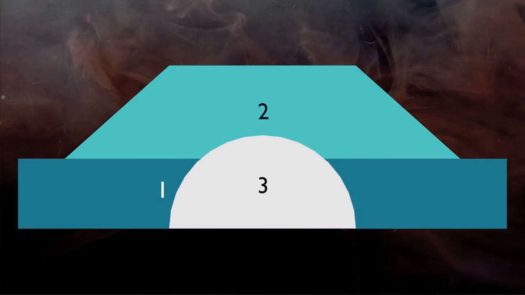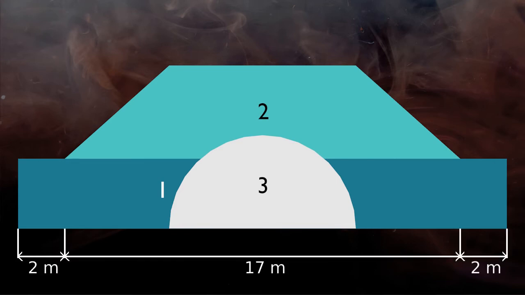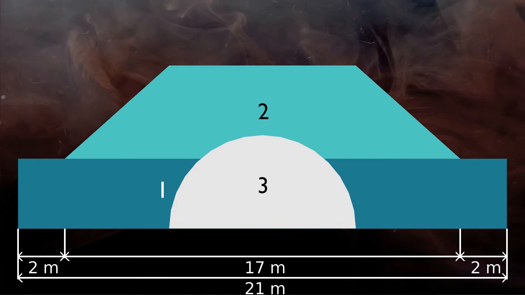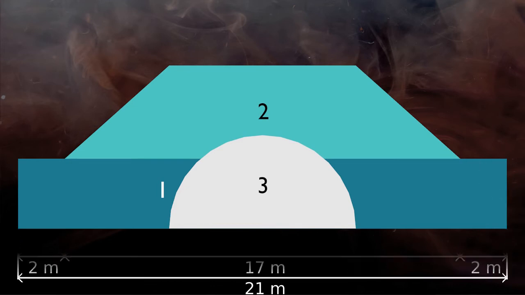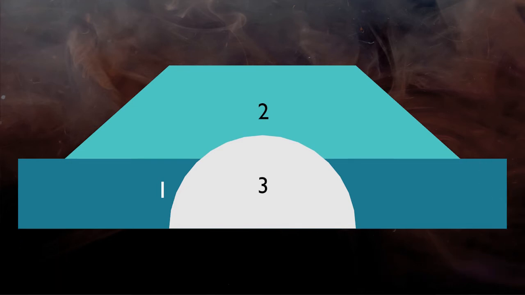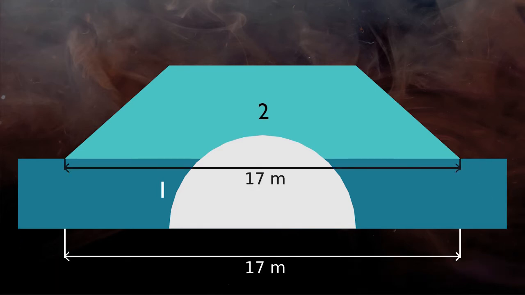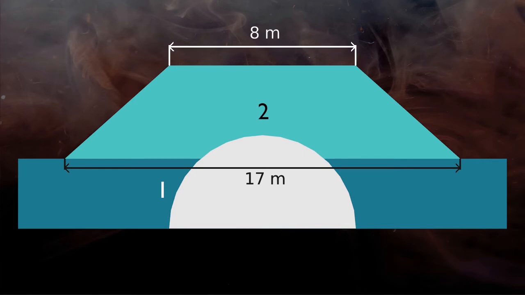Now check for any missing dimensions of all parts. For the rectangle, width is equal to the summation of horizontal dimensions, that is 17 meter plus 2 meter plus 2 meter equals 21 meter. Height of the rectangle, 3 meter, is given. For the trapezoid, width of the longer side is 17 meter and the shorter side is 8 meter.